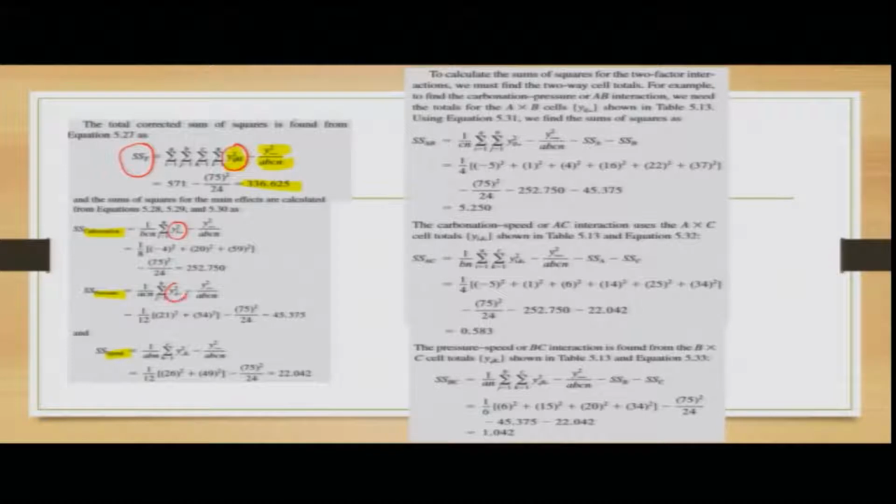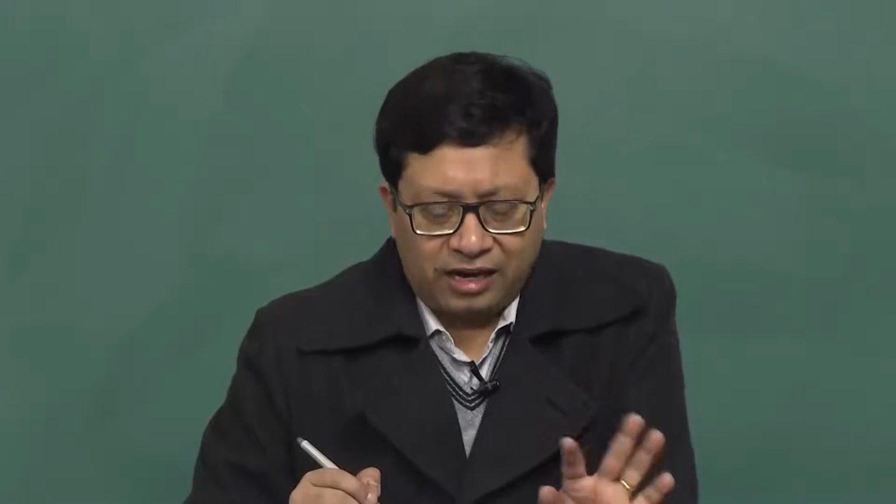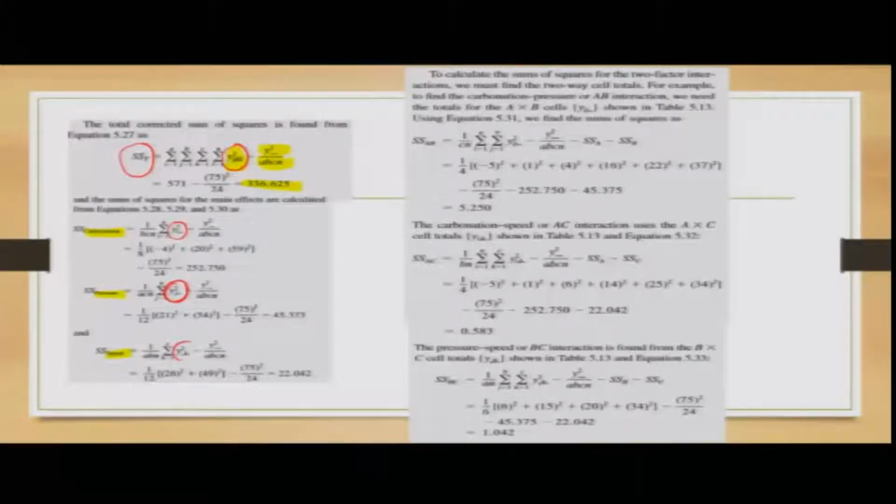Please make a note of where I am circling. For the third factor, C, it will be dot dot k and again a dot. And the term to be subtracted will be y square 4 dots divided by A B C n.